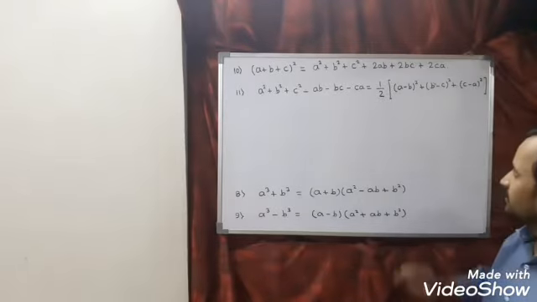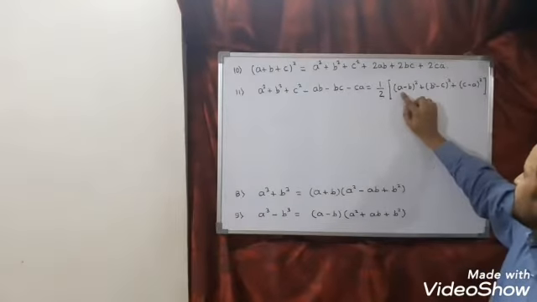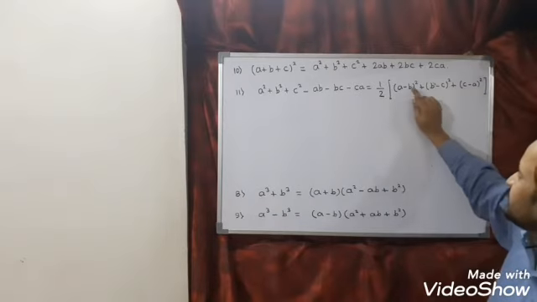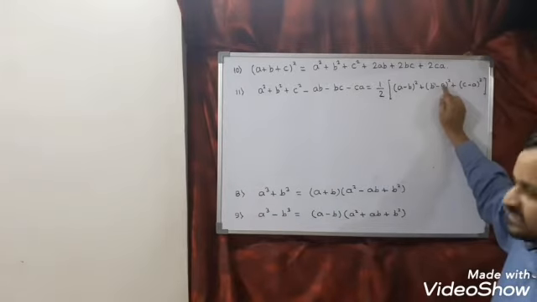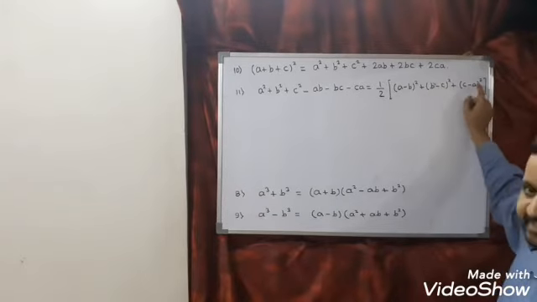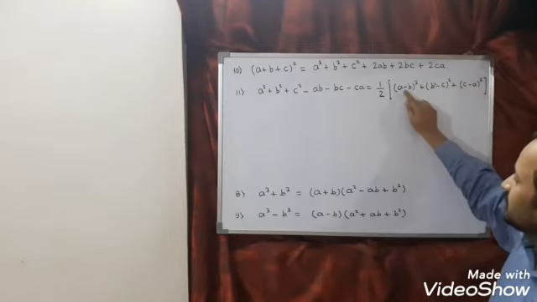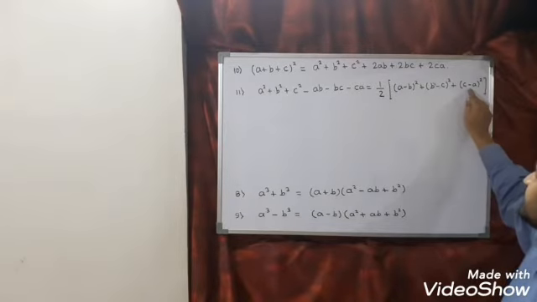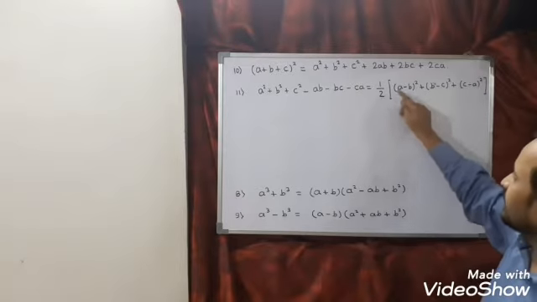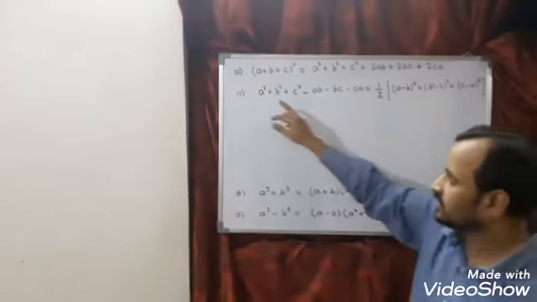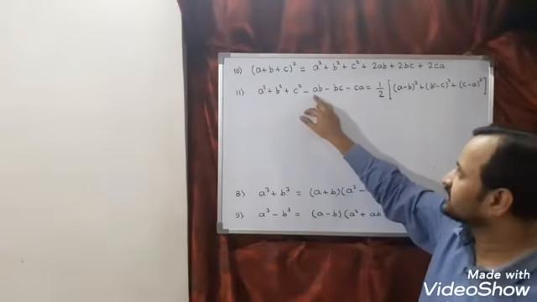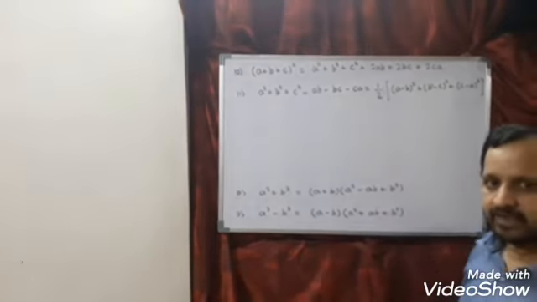See here, when you expand this, what you will get, a square, here also a square, so 2a square, b square, 2b square, c square, 2c square, minus 2ab, minus 2bc, minus 2ca. So 2 will get cancelled, and when you expand this, finally what you will get is a square plus b square plus c square minus ab minus bc minus ca.